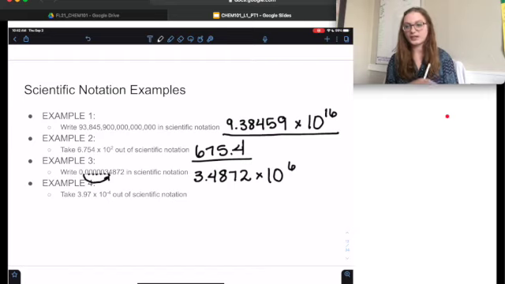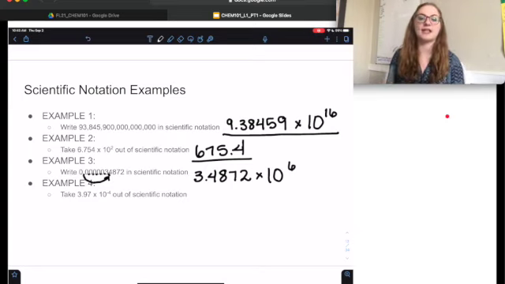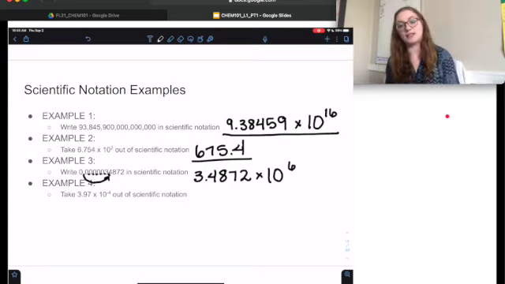The exponent is always however many spaces you had to move that decimal point so that the number looked like it was between 1 and 10, and in this case, I moved it 6 spaces. Then to determine whether that's positive 6 or negative 6, I go back to the original number and decide, is it between 0 and 1? If so, it's a negative exponent.